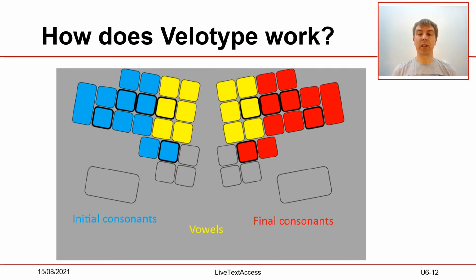On the left side of the keyboard, the initial consonants of a syllable or word are being produced. In the middle, the vowels, and on the right hand side, the final consonants. The big no space key on the right is being used for connecting syllables together. This way, on average, 3 characters are produced with every chord of keys.